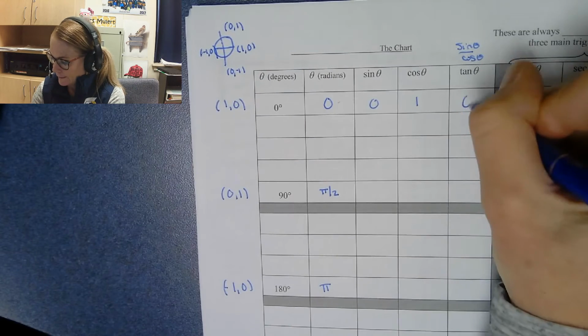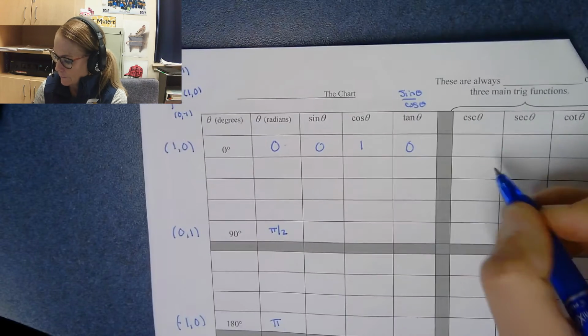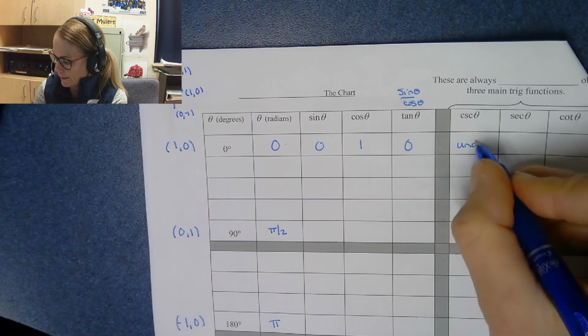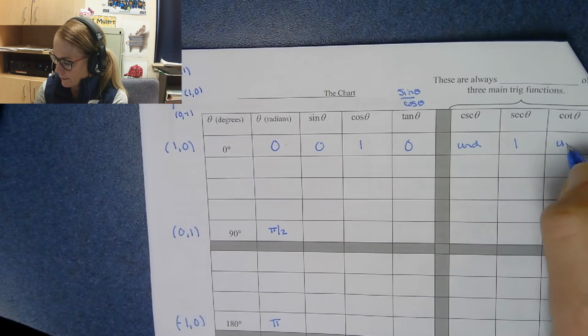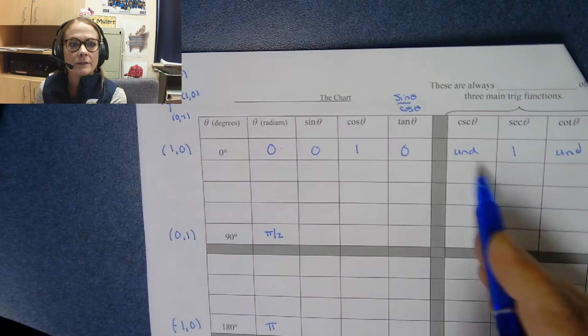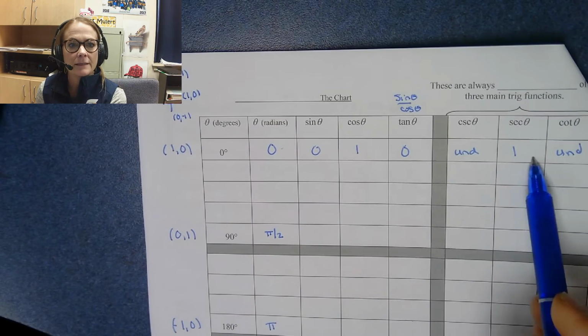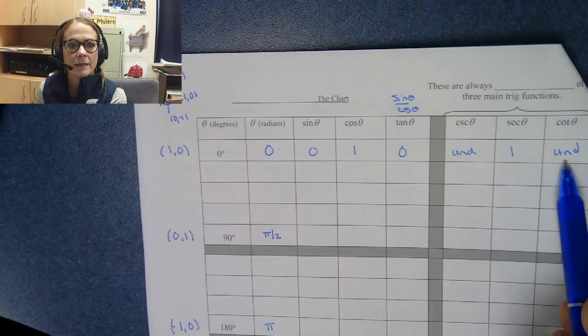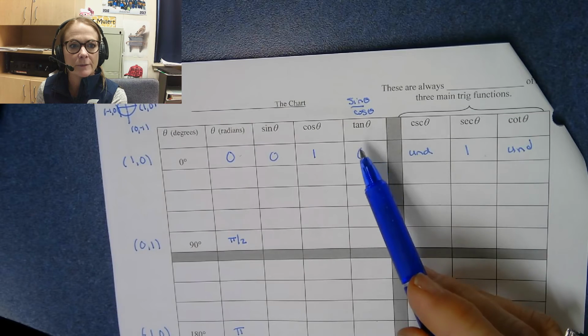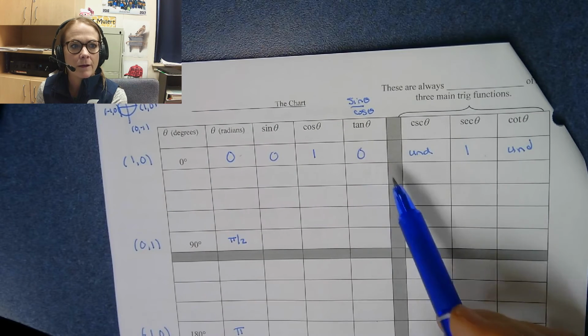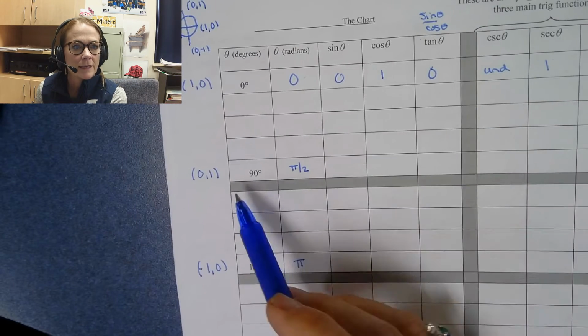So that's 0. Now we're just going to reciprocate: 0 gives undefined, reciprocate 1, and reciprocate 0. Cosecant is the reciprocal of sine, secant is the reciprocal of cosine, and cotangent is the reciprocal of tangent. So there are your zeros. Let's do our 90s.